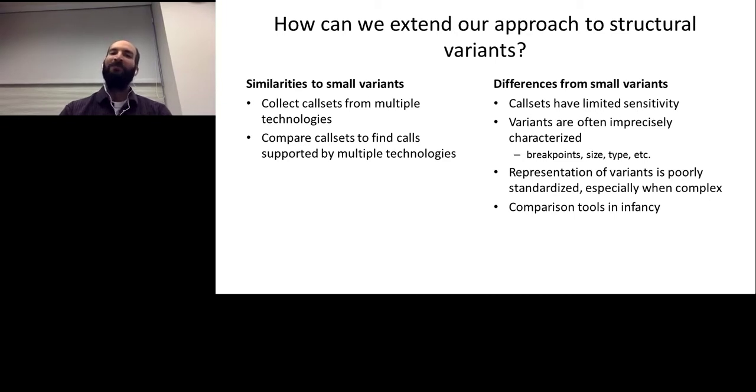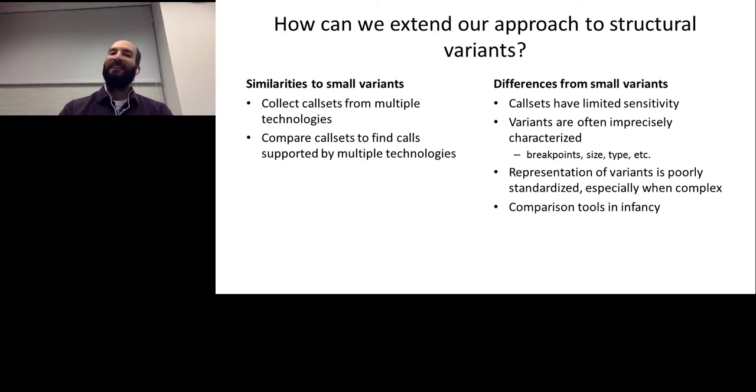So for small variants, call sets tend to have pretty high sensitivity to variants if you set the parameters correctly, at least in defined regions of the genome that aren't difficult to map or repetitive. But for structural variants, that's not always the case yet. Variants are also often imprecisely characterized, so there might not be exact breakpoints or the exact size or type or sequence that's predicted for insertions.